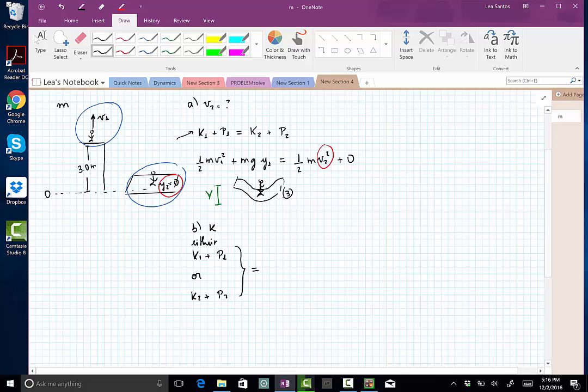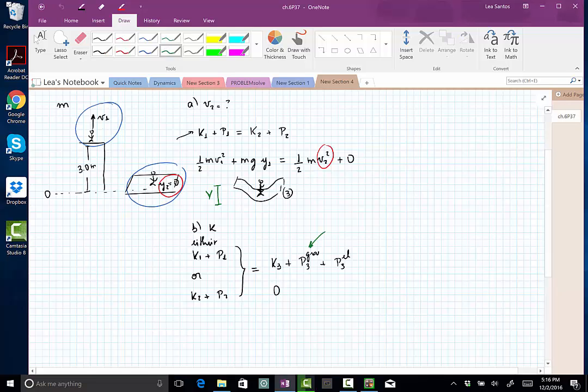scenario 3. And what do we have in this scenario 3? I'm going to write everything: kinetic energy plus gravitational potential energy plus elastic potential energy, and let's see what we'll keep. The final kinetic energy is 0, because we will depress the trampoline until we stop. Now, this is the important step that sometimes the students forget, that we also have gravitational potential energy.